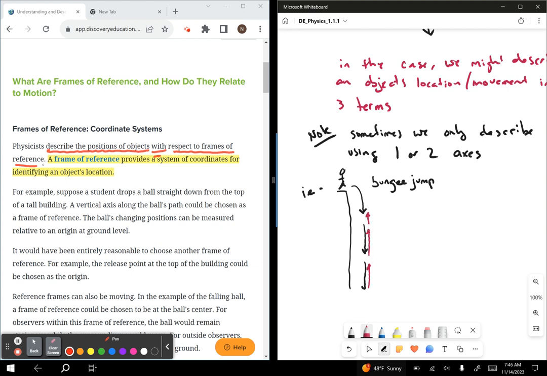Maybe not as high, and each time it's a smaller movement, but it's just movement along the y-axis. This is basically just the y-axis, right?